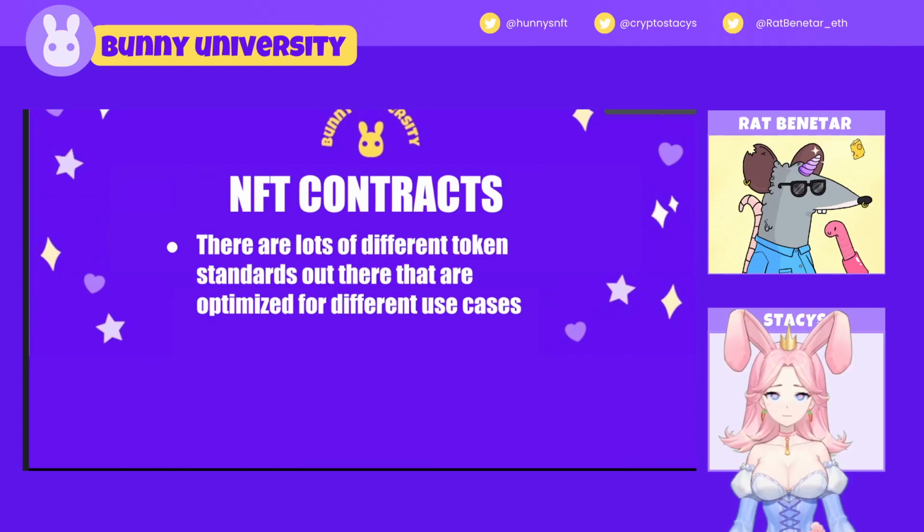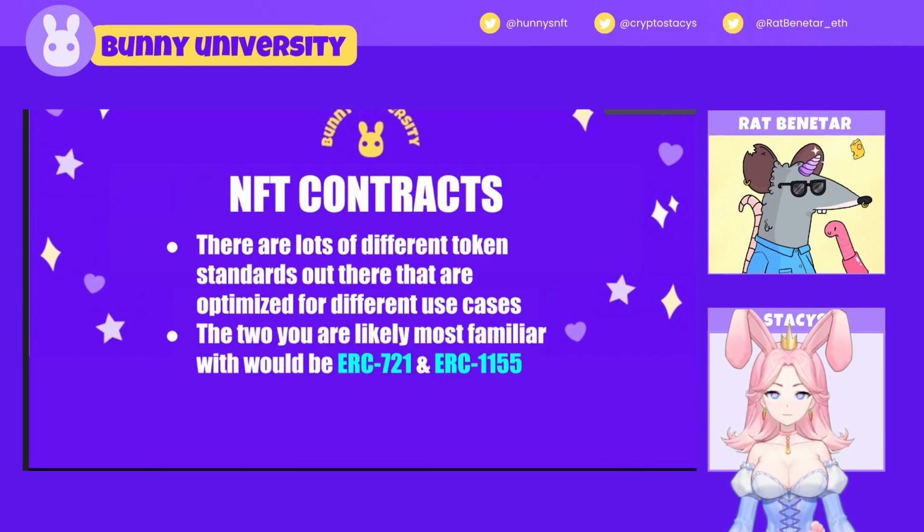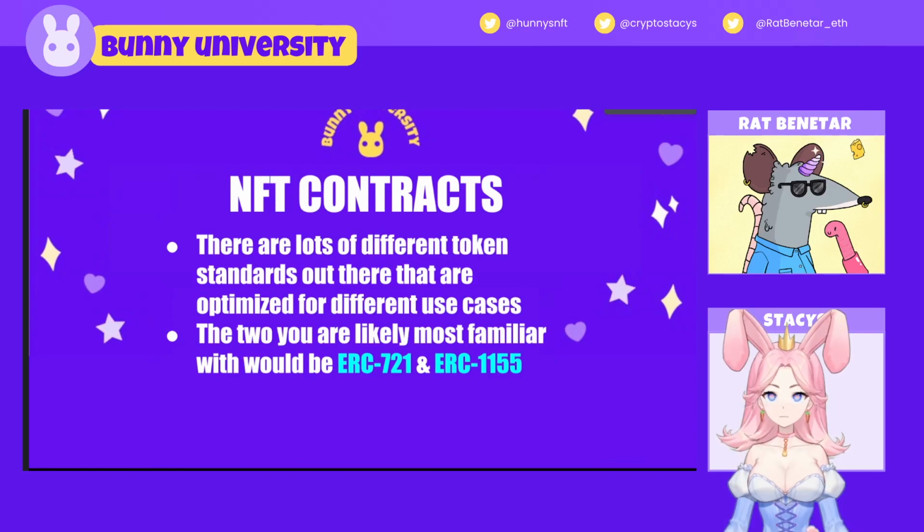As a brief overview, when we talk about NFT contracts, what we're really talking about is there are different token standards out there that are optimized for different use cases. We're not going to be covering every single one, but we will be talking about two that you're probably familiar with, which is ERC 721 and ERC 1155.